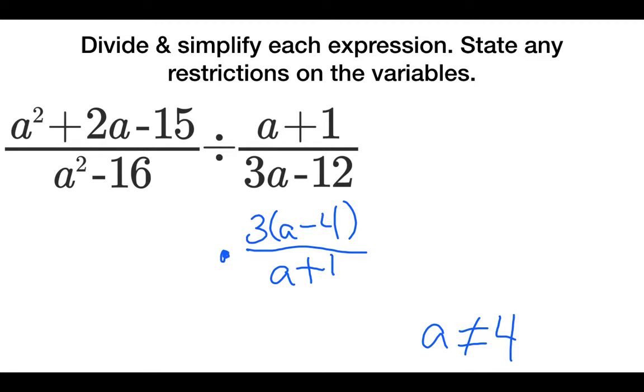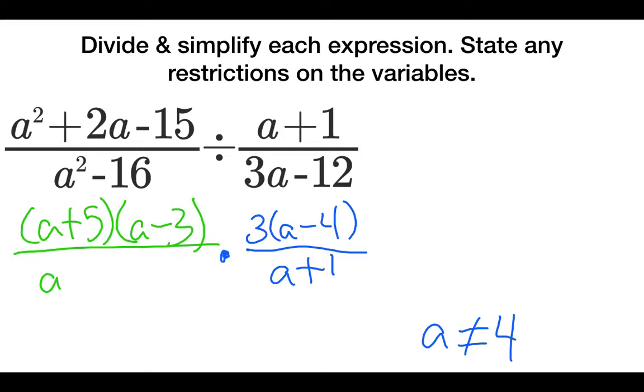Now let's talk about the other side. So let's see, a squared plus 2a minus 15. So two numbers that multiply to be 15 have a difference of 2, becomes a plus 5 and a minus 3, all over a plus 4 times a minus 4.